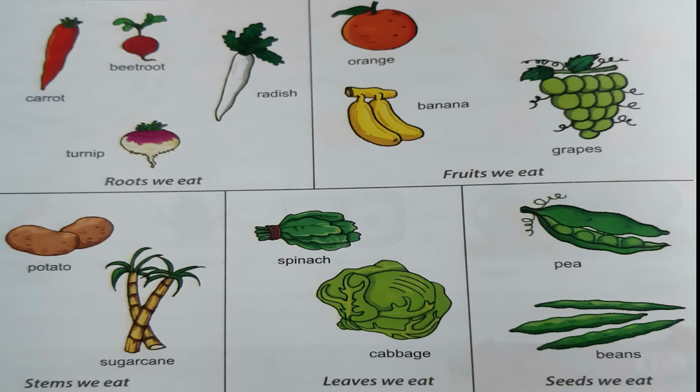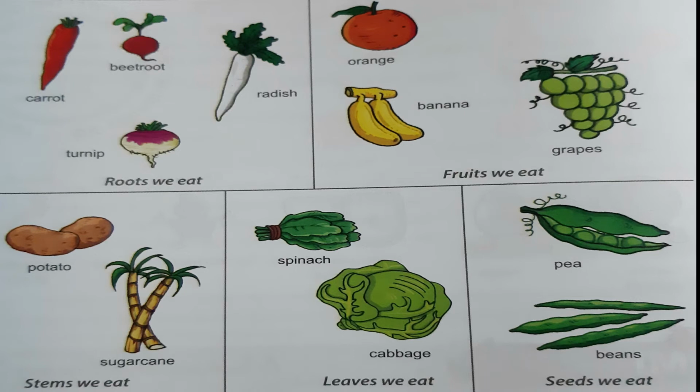Roots of the plant that we eat are carrot, beetroot, radish, turnip, etc. Fruits we eat are orange, banana, grapes, apple, etc. Stems we eat are potato, sugarcane, ginger, etc. Leaves we eat are spinach, cabbage, etc. And the seeds we eat are peas, beans, etc.